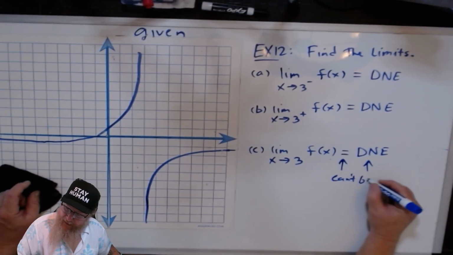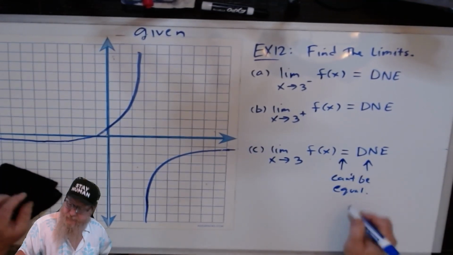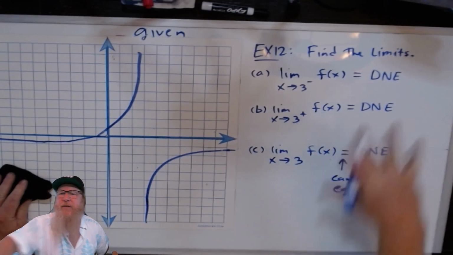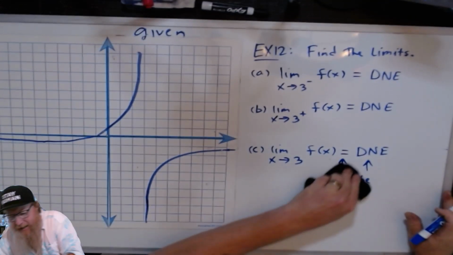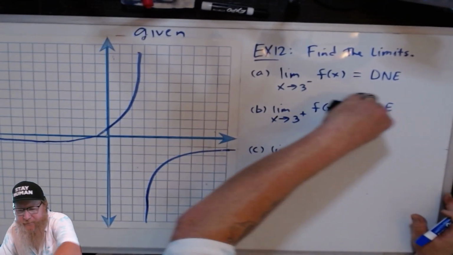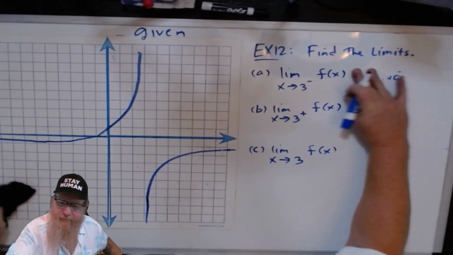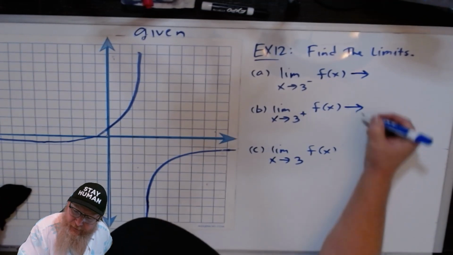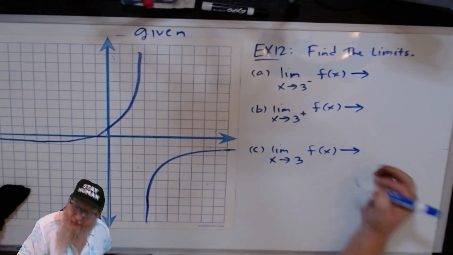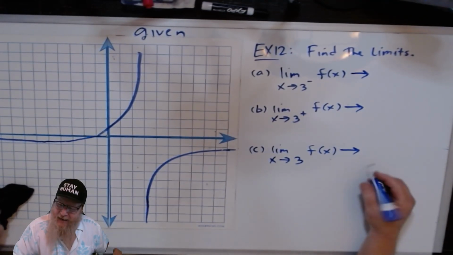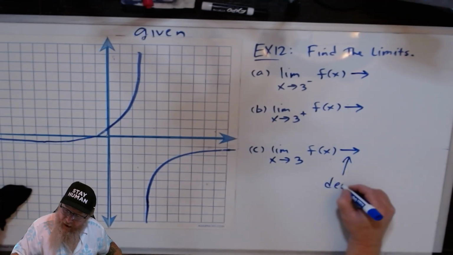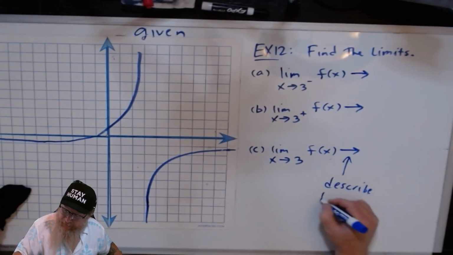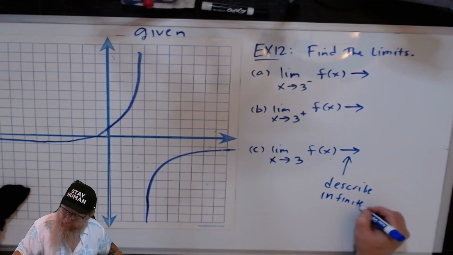So they can't be equal. So instead of rewriting all of this, I am going to switch notations to the arrow. And what I'm doing is describing infinite behavior.